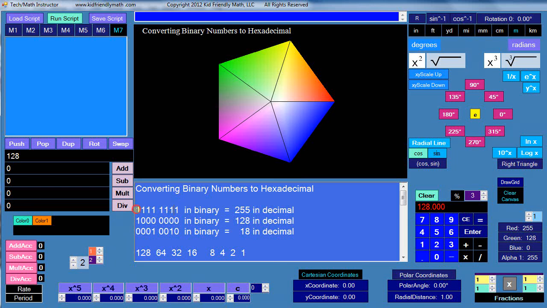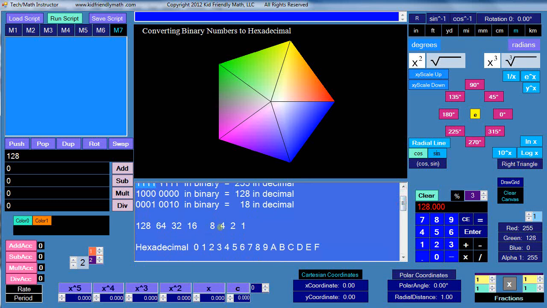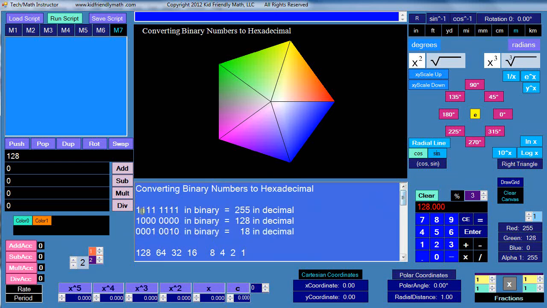So in this case, let's look at this first one here. It'd be 1111, meaning that they're all turned on for this particular location. So the 8th bit is turned on, the 4 is turned on, the 2 is turned on, and the 1 is turned on. So that particular number would be the number 15 in hexadecimal.